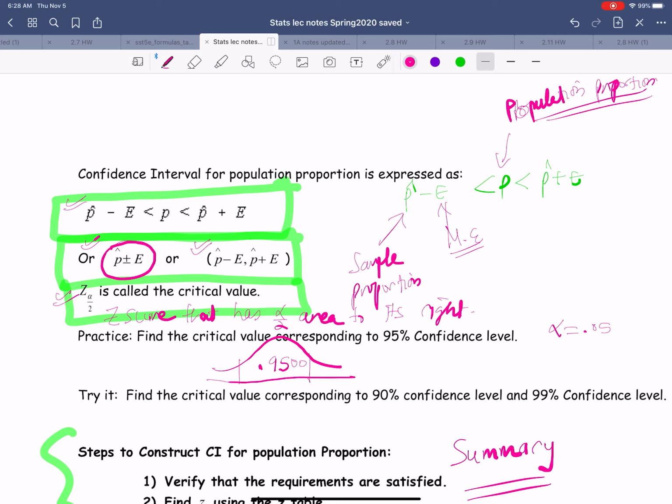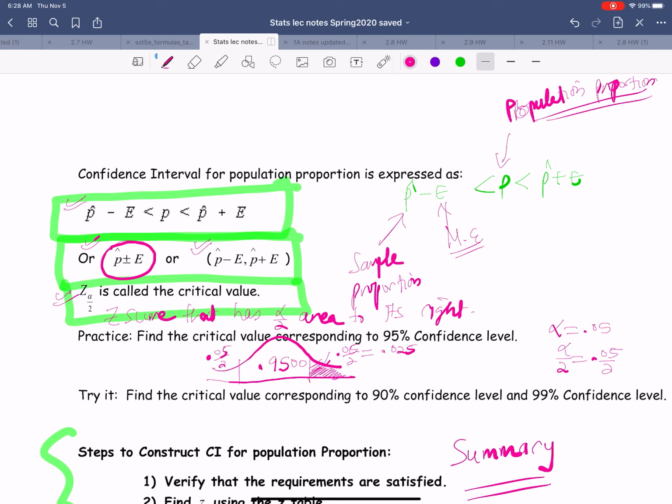That's all of your area. Alpha is 0.05, alpha over 2 is 0.05 divided by 2. So now we are looking for the z-score that has 0.05 divided by 2 area to its right. 0.05 divided by 2 is 0.025.